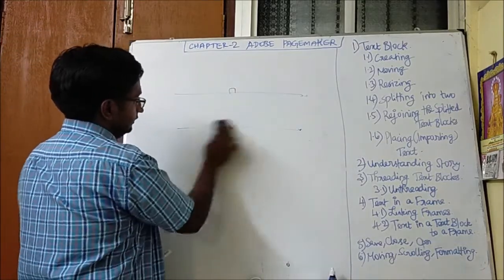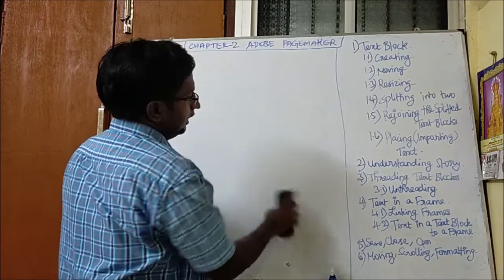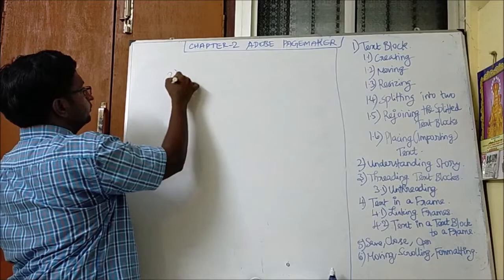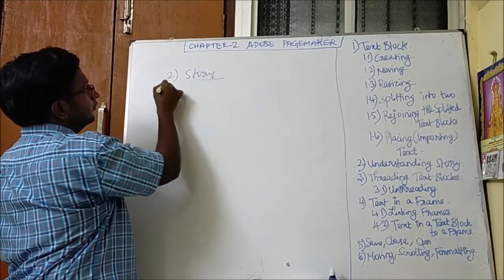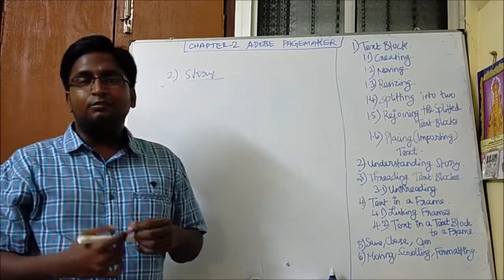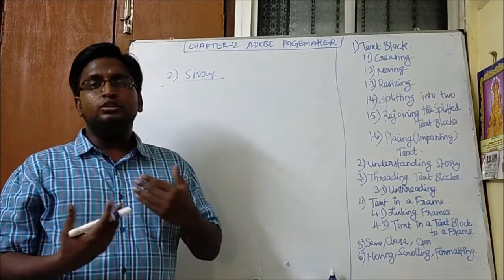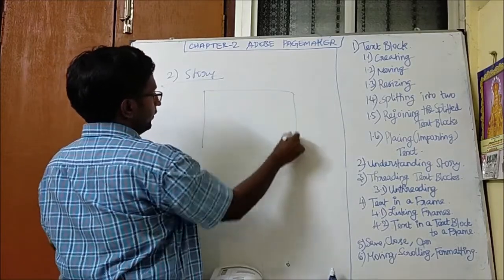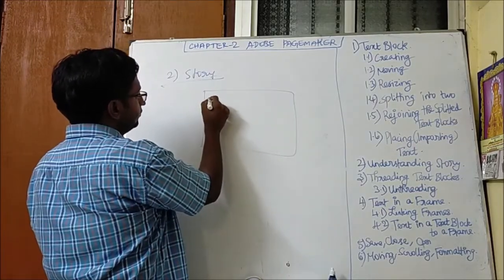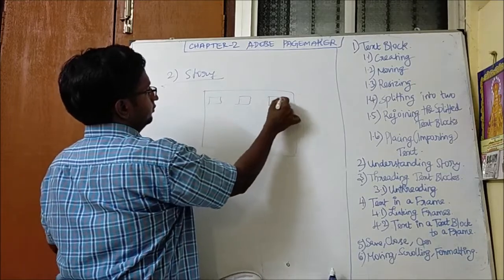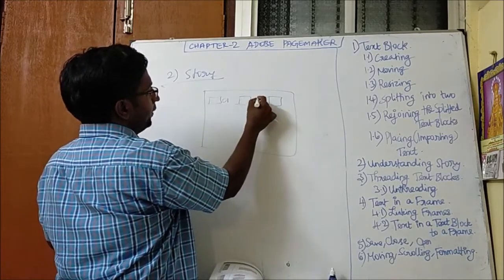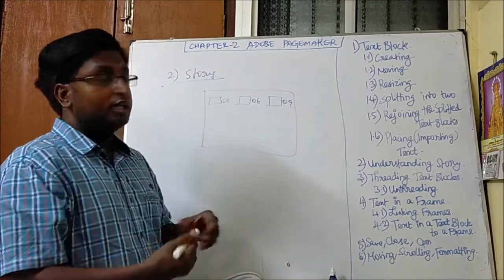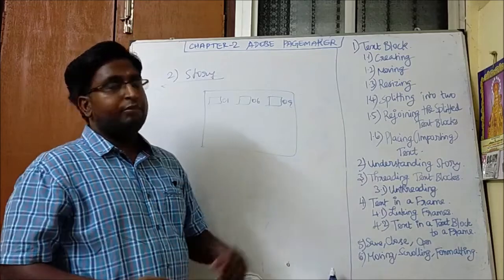So the next one is understanding the story. A PageMaker story is similar to a newsletter or magazine. Just as on the front page of a newspaper you will have some major headings and you will see the page numbers, which you can see in detail about the major headings.